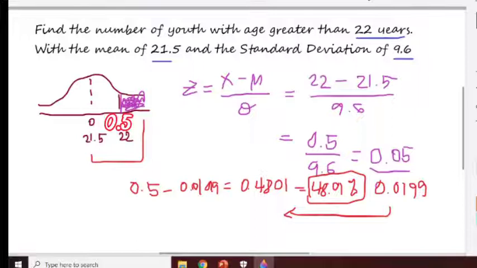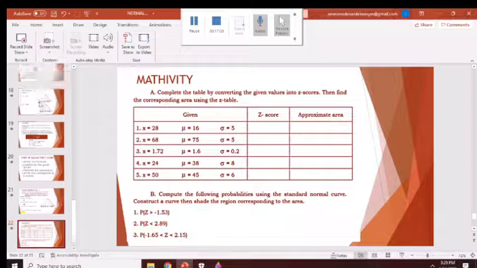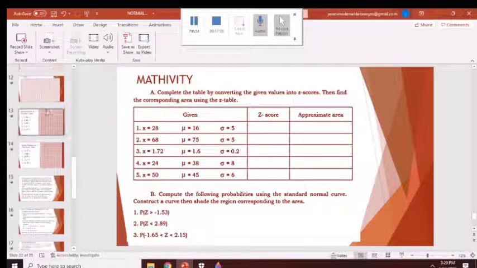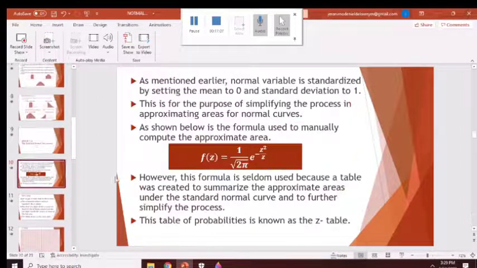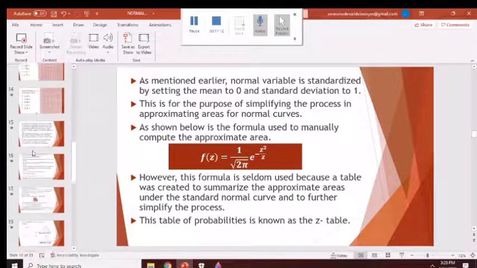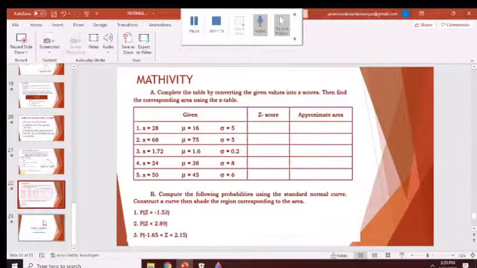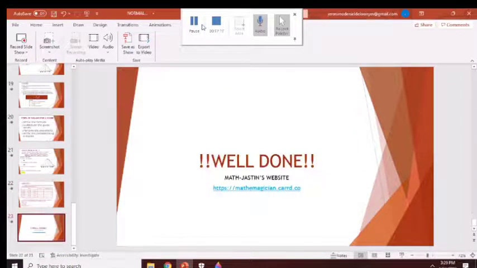Talaga masakit to, lalo na kung iba't iba yung version ng table. So, the best use is the formula. Ito yung best. Ito yung activity kung gusto niyo sagutan mag-isa. And now, well done. So yun, tapos na tayo.